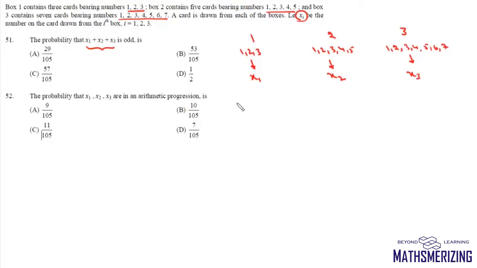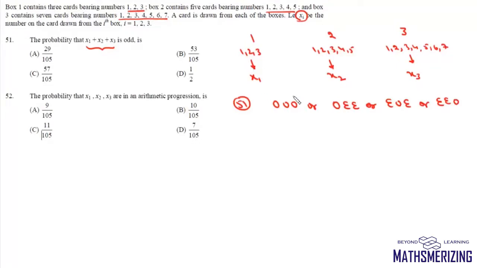Now it will be odd if all 3 of them are odd, or we get odd from one and then even from the other 2, or it could be odd from second, or it could be odd from third. So these are the 4 possible cases.